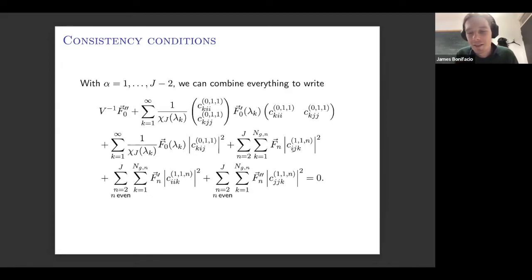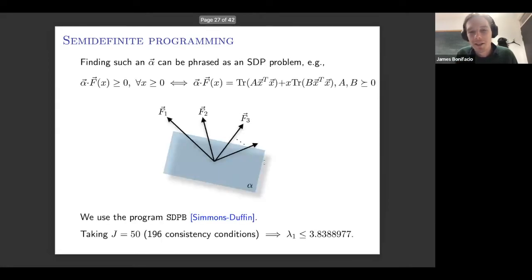Depending on the vectors, this may or may not be possible. In particular, if I can find a separating plane alpha such that the vectors fall to one side of this plane, then there's no way they can add up to 0 with positive coefficients. So finding an alpha is like searching for such a separating plane, at least in some of the simpler cases. This is the sort of geometric picture that you can have in mind.